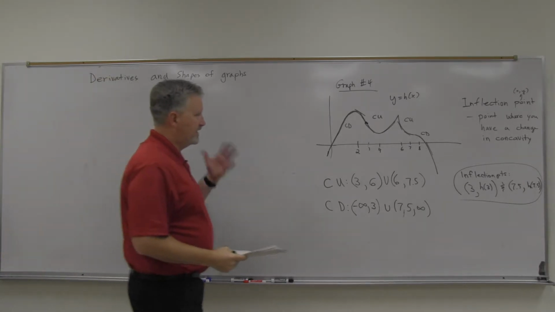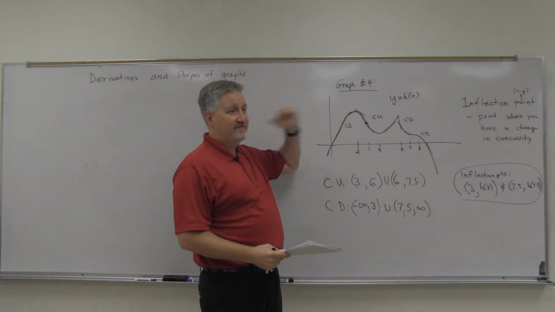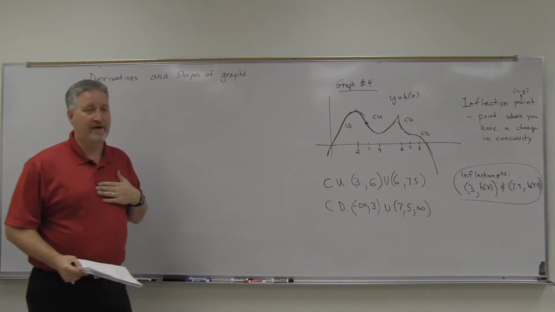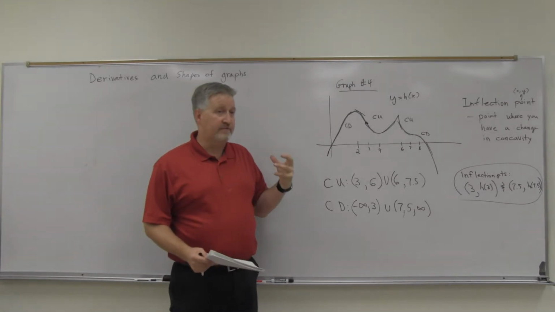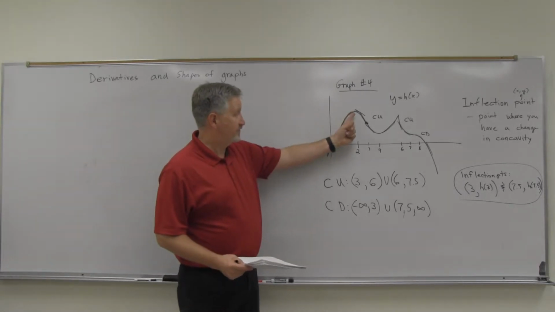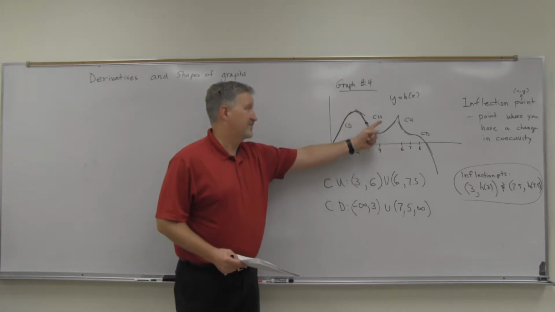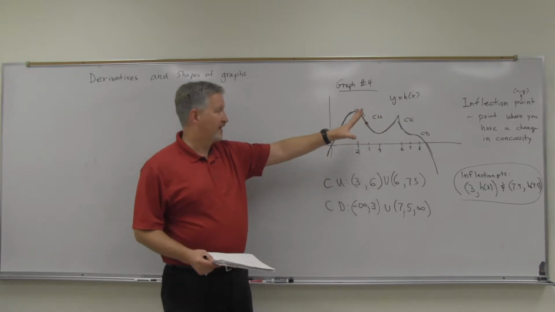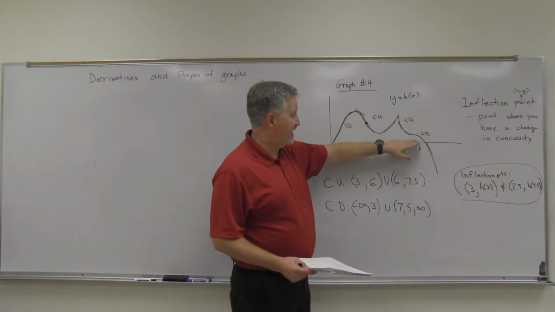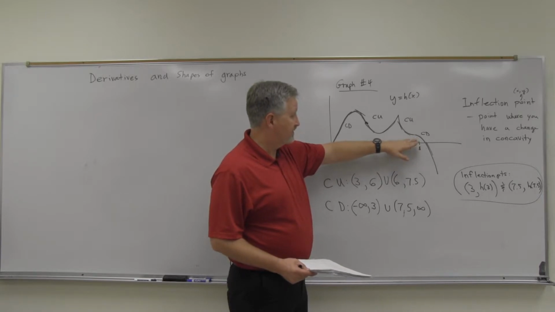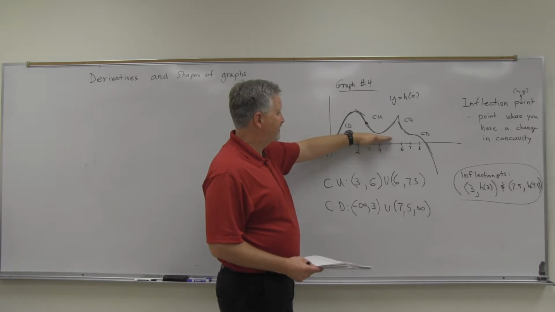So we've already established that it is not the first derivative that's telling me about this concavity, because if I was going on first derivative critical numbers, well, the first derivative critical numbers are at 2 and 4. Now 6 is one, so that one's kind of a different deal because the derivative does not exist. But 7.5 would be another one. But these two here, the first derivative is 0.